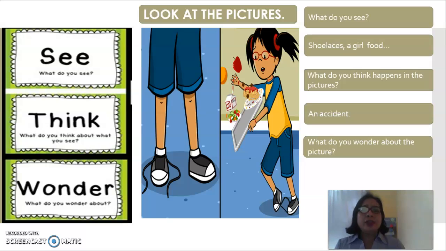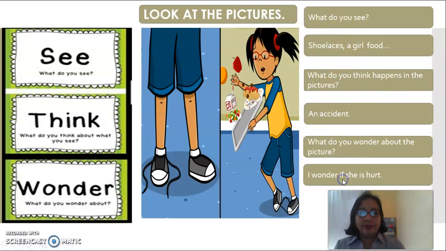And the third question is, what do you wonder about the picture? Wonder is like question myself. I wonder if she is hurt. I wonder if she fell down. Okay?